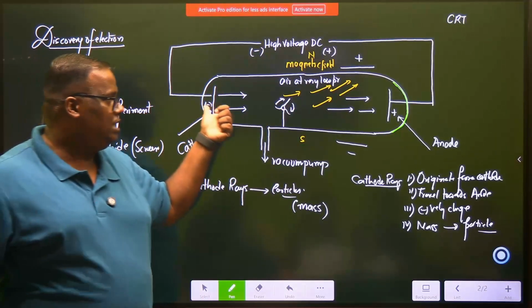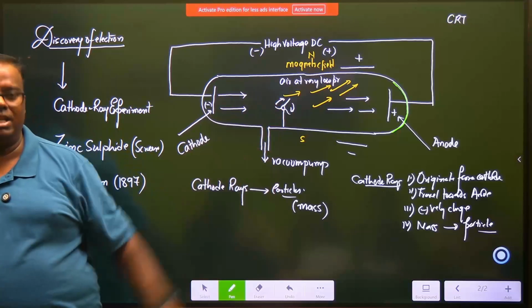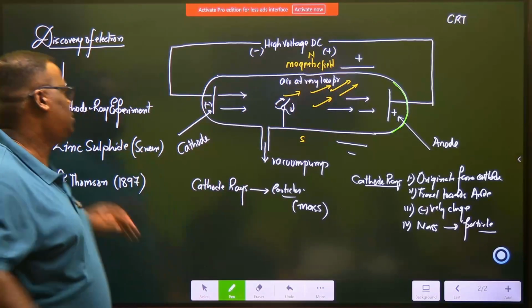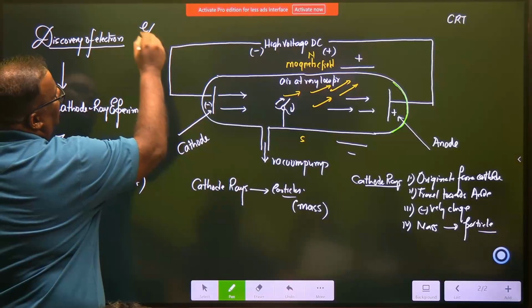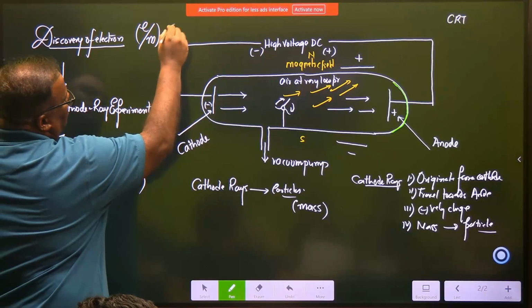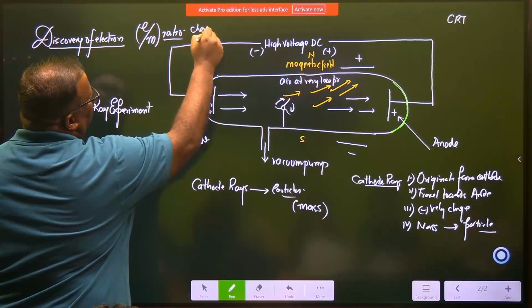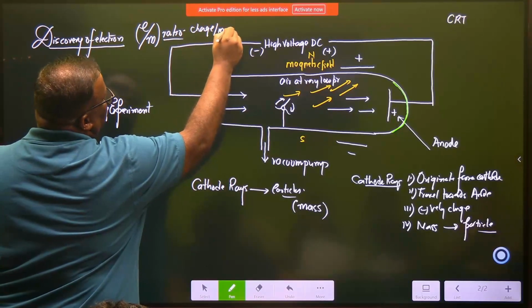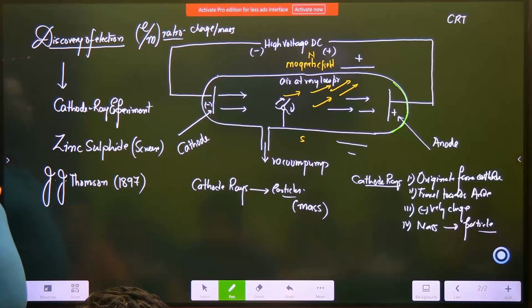So the next thing J.J. Thomson did, he changed the material of these electrodes and he took different gases. In higher chemistry we say he conducted something known as the e by m ratio. Just understand it so that in grade 11 this is not Latin for you. e by m means charge by mass. So when he conducted this experiment with different types of gases, he found that the e by m ratio is always constant.